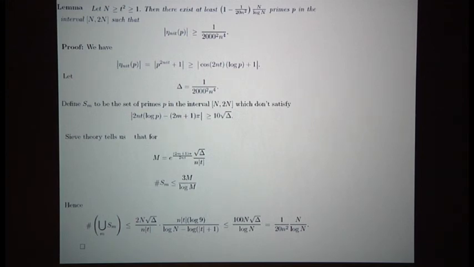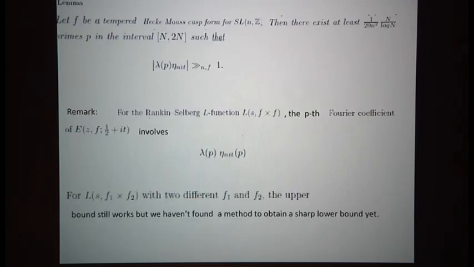So all those bad primes contribute to a density 0 set, a very small density set, so we get this positive proportion of primes. The weighted divisor function has a lower bound, 1. And we want the product is not small.